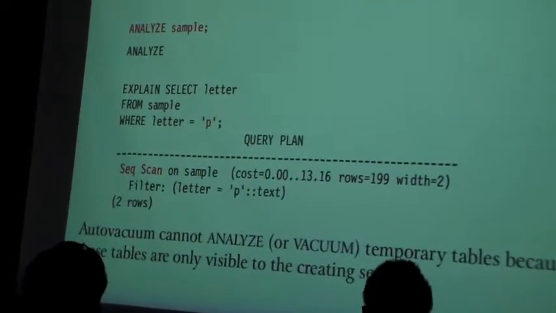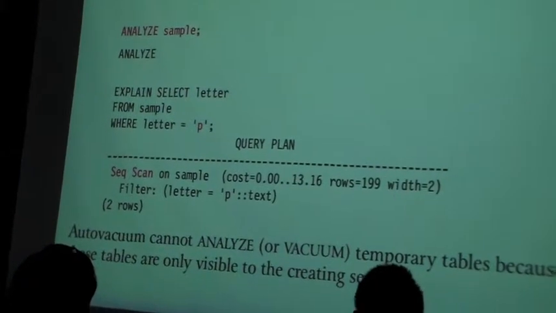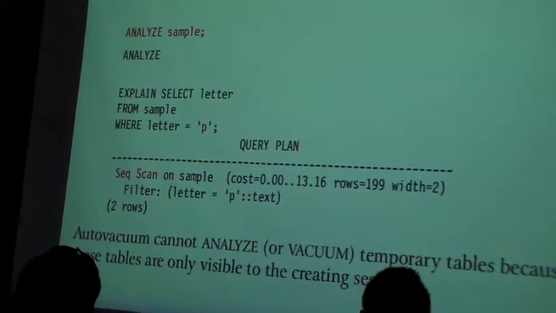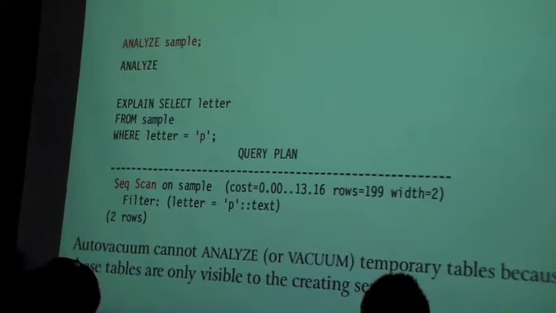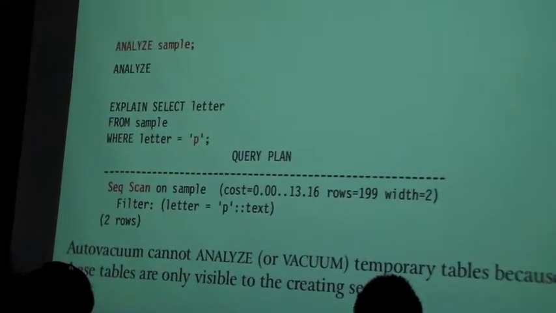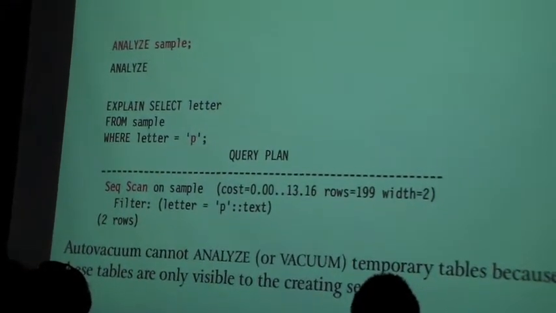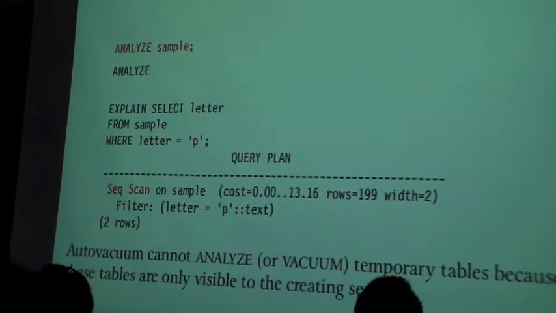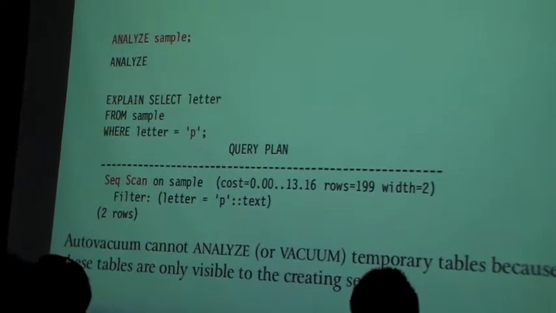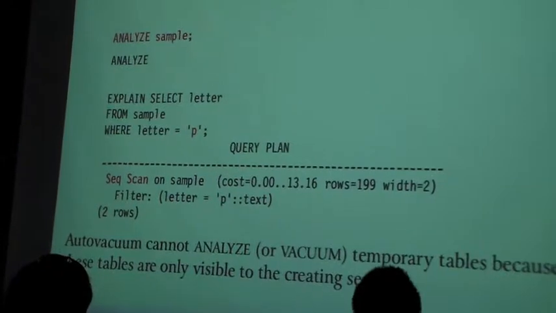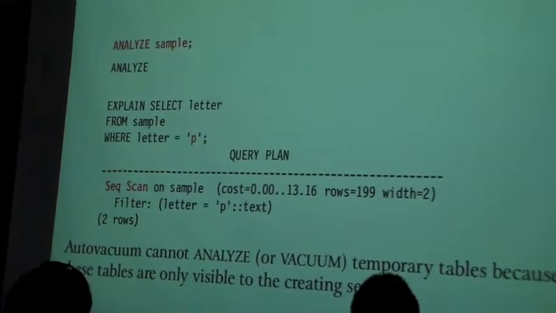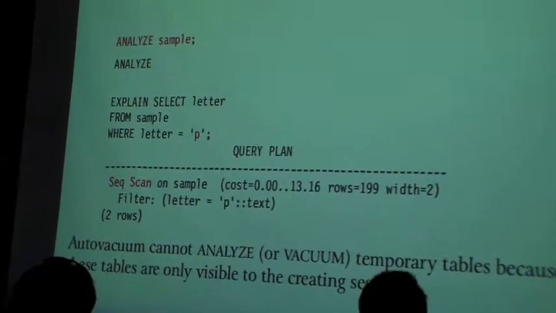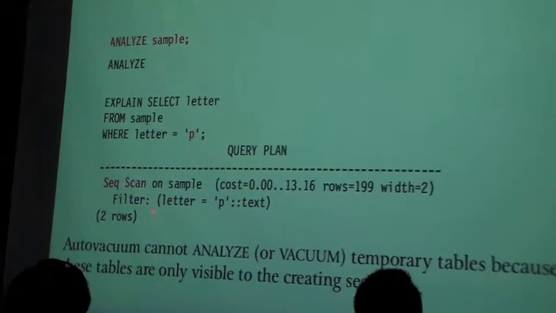Normally there's something called autovacuum, which will run analyze for you, but that runs about every minute, so I might not want to wait. And in this case, I'm using temporary tables, which autovacuum can't even see, so that doesn't help me. So I've got to run analyze myself. I ran that analyze right there at the top, and as soon as I run it, you see a change right away.